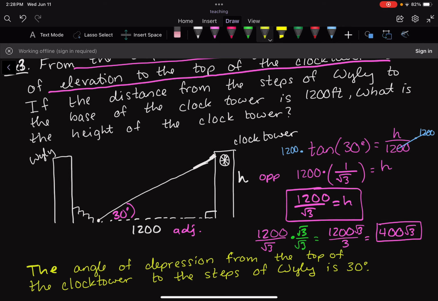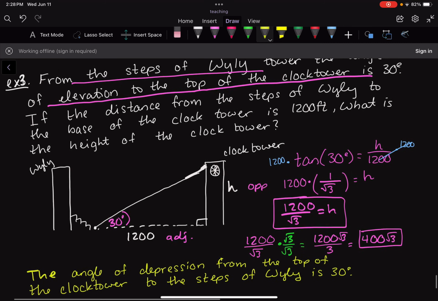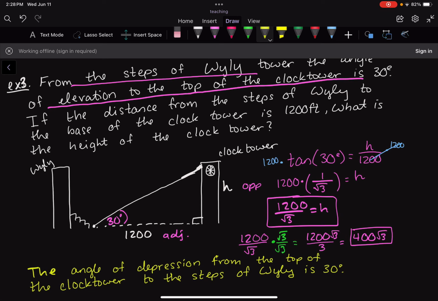Let's say that for this question, instead of giving you the angle of elevation, I gave you the angle of depression. It would not change anything about what we just did. Absolutely nothing.